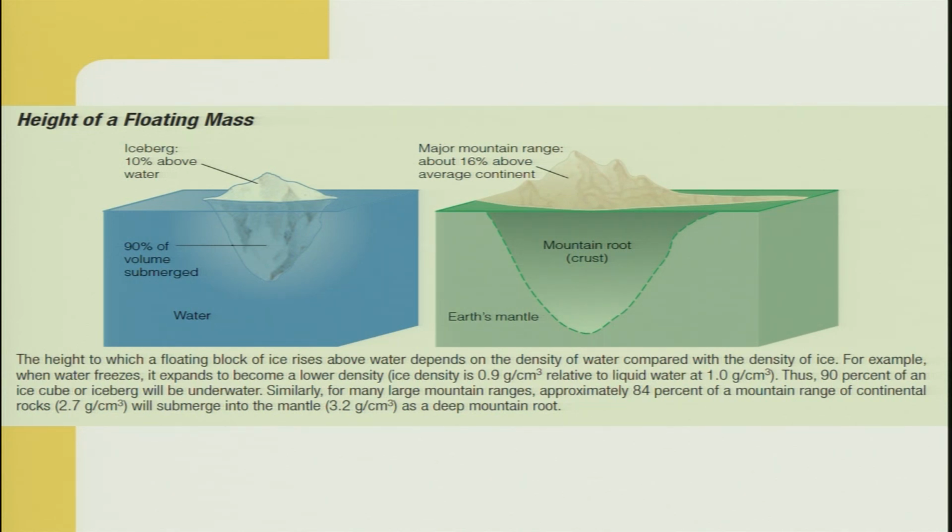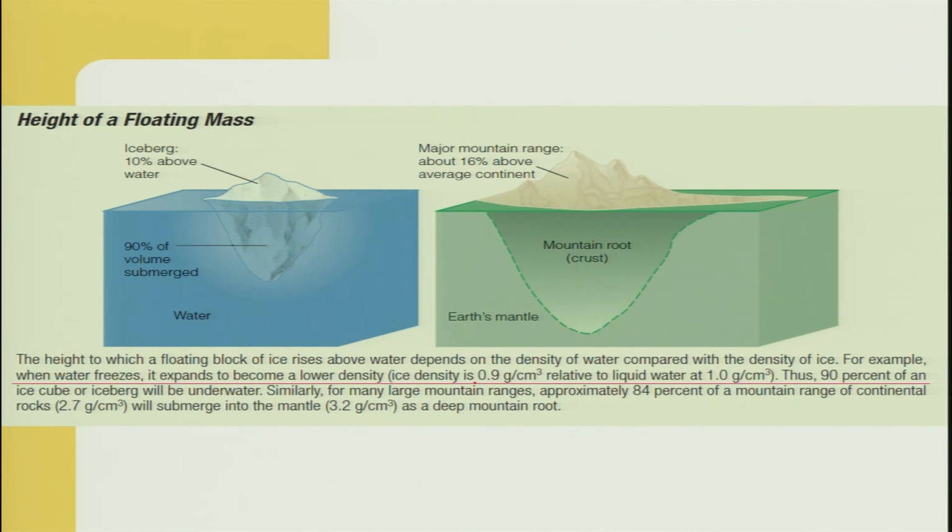So basically, as soon as the density of the material varies, it will show a different elevation and deeper roots. For example, when water freezes, it changes the density, which becomes lower as compared to the water.